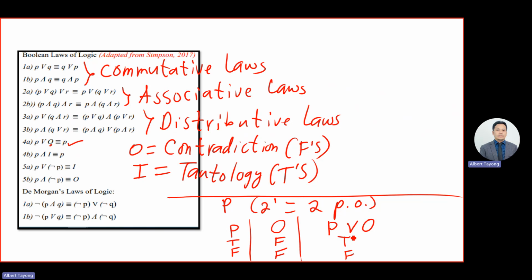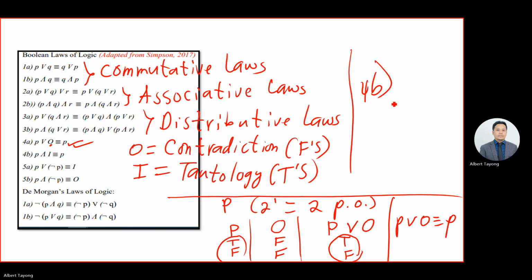So look at the answer. The answer is TF is equal to P. Okay, the truth values of P. So therefore, P or contradiction is equal to itself. That's the meaning of 4a. P or contradiction equals P or equivalent to P.